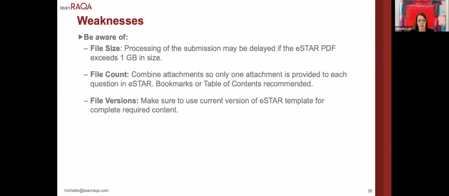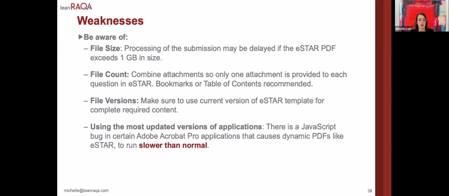File versions: make sure to use the current version of the eSTAR template for complete required content. And again, note that version: just because it says version 5, there might be a 5.1, 5.2, and so on and so forth until they come out with 5.6. Just by clicking through, the title itself won't tell you that. So use the most updated versions of the PDF applications.